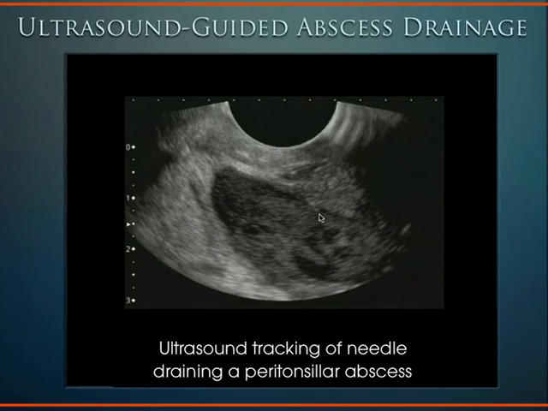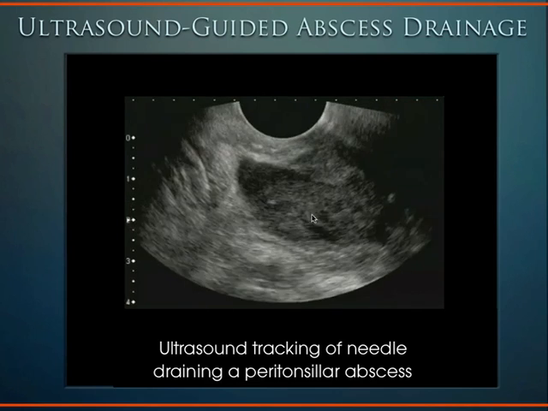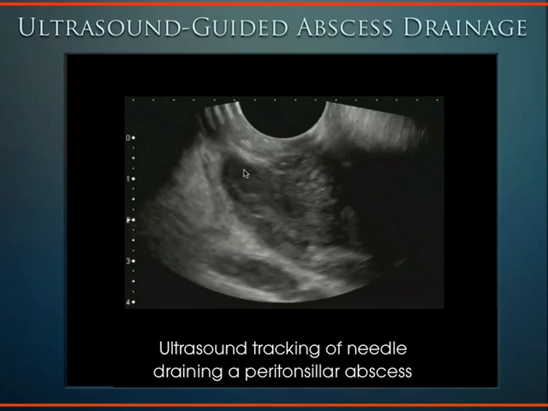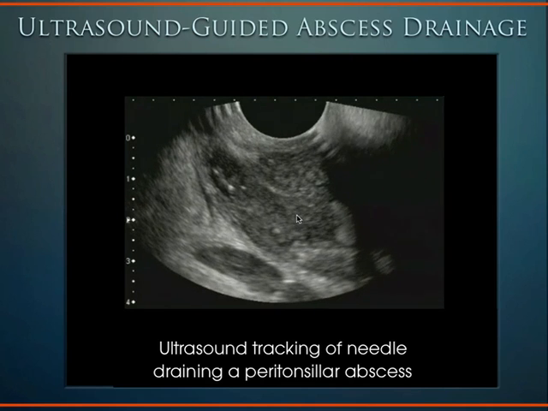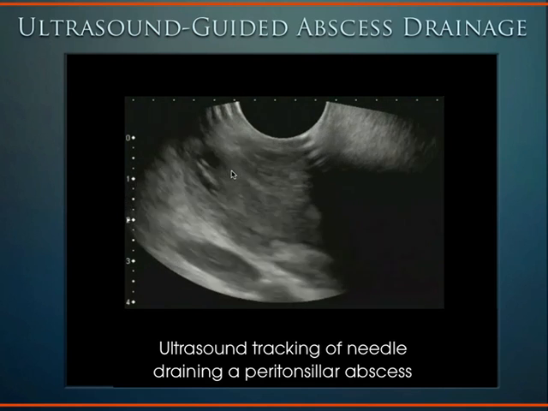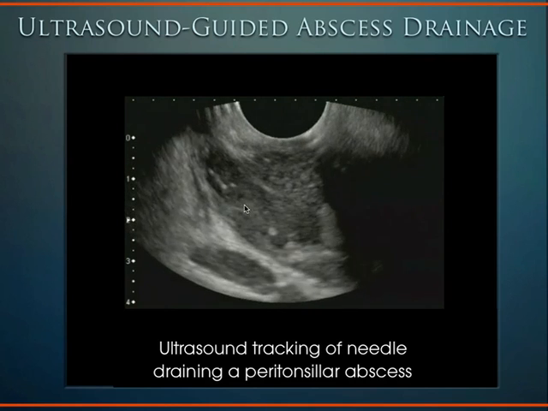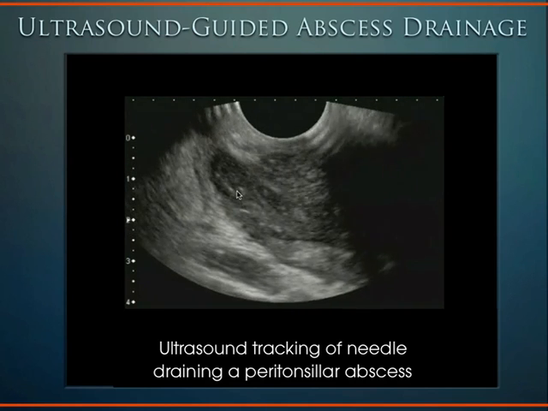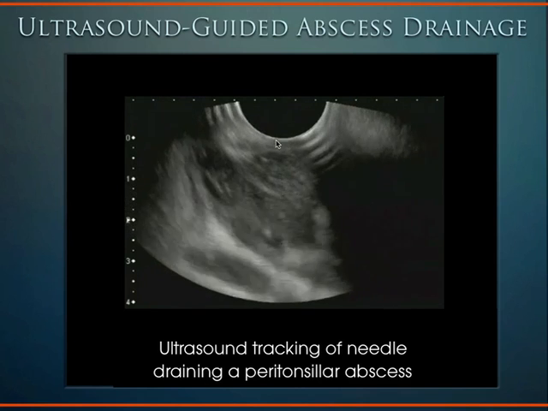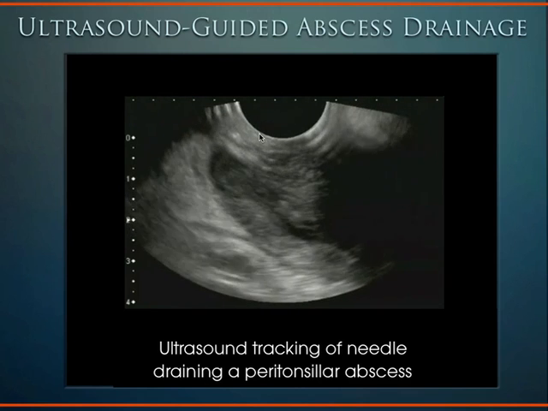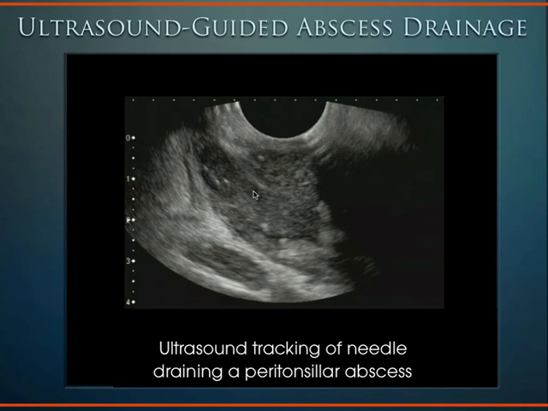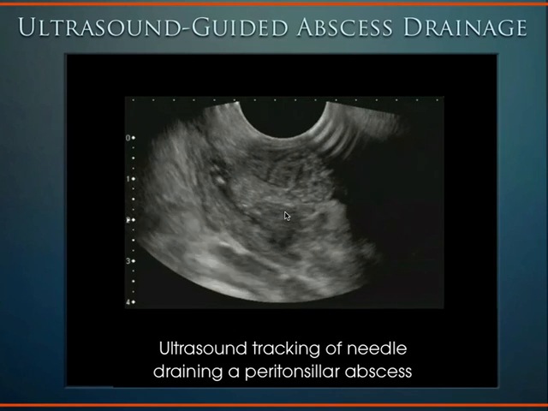It looks like it's sort of solid at first, but as we push on an abscess, pus will distend, will swirl like that, and that's what can really sort of give away the abscess as you see that swirling pus come along. Again, we know how far we need to go to get the needle to come in. It's just from the posterior oropharynx, this mucosal line right here, all the way down to where this abscess material is.